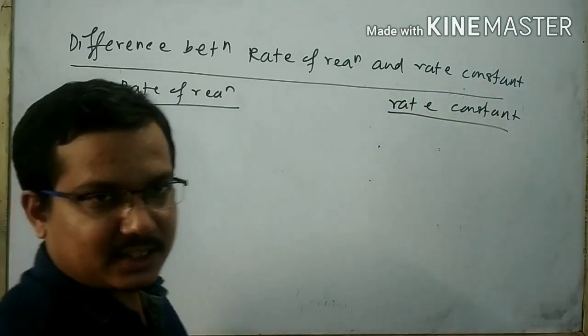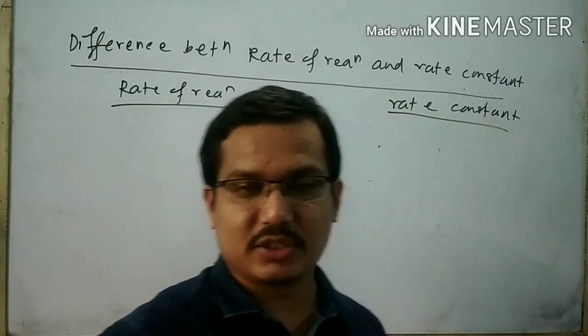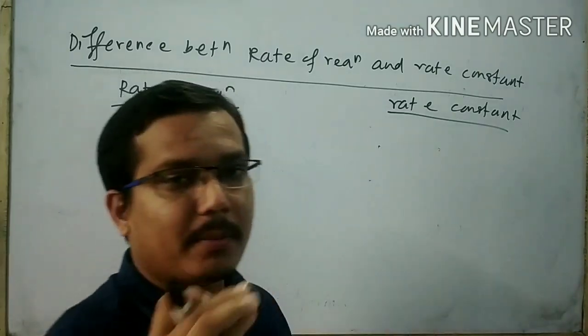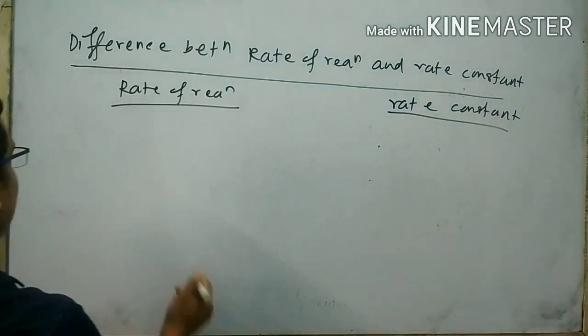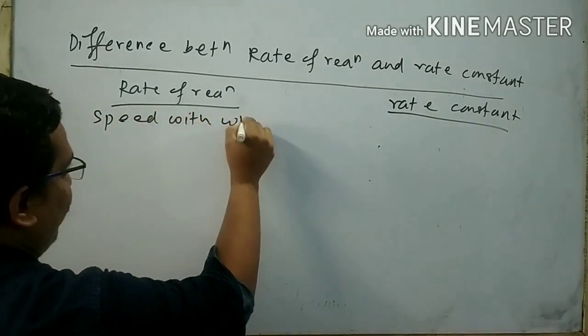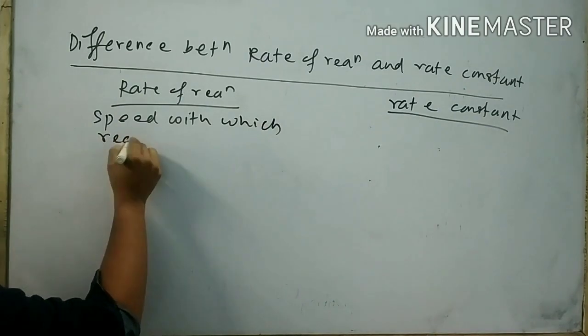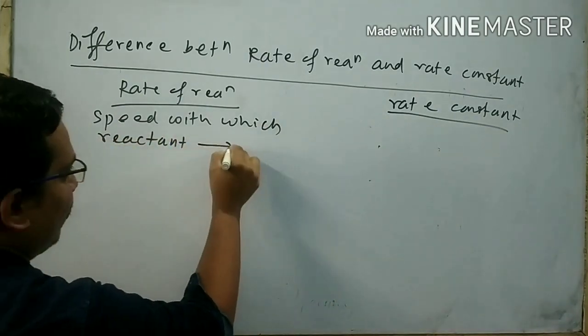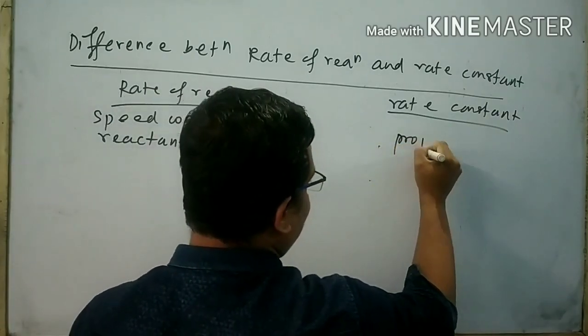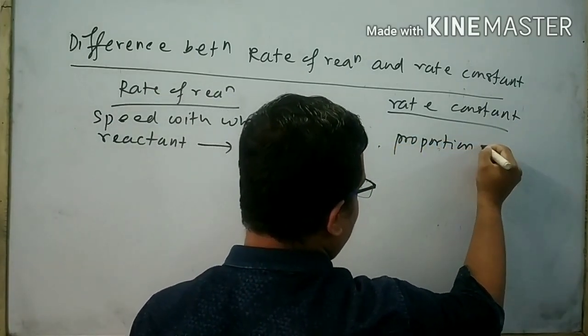Rate of reaction is the speed with which the reactant is converted into the product, but rate constant is a proportionality constant.